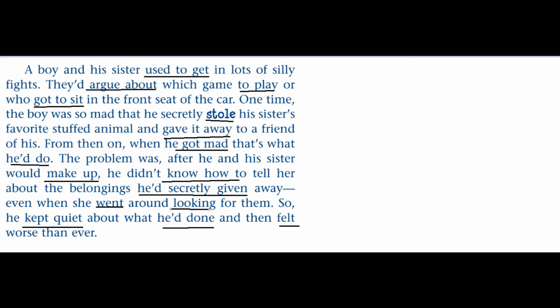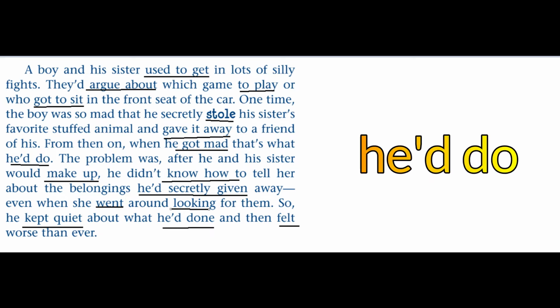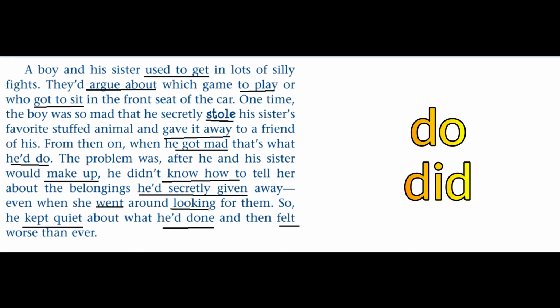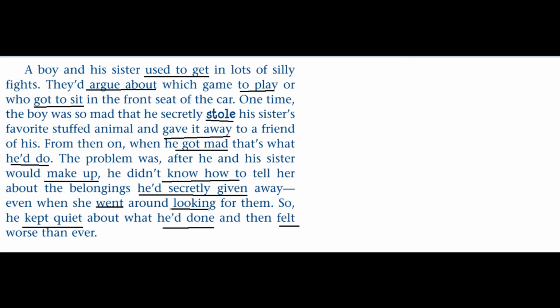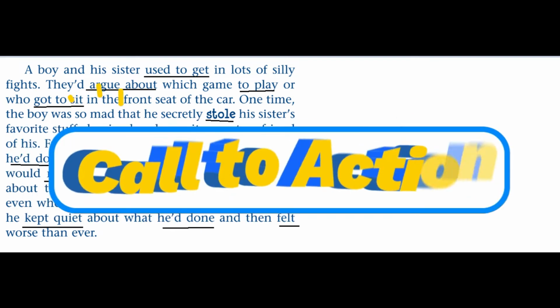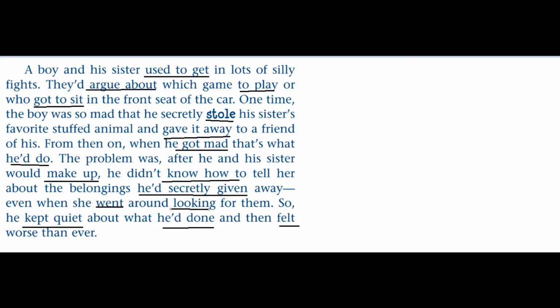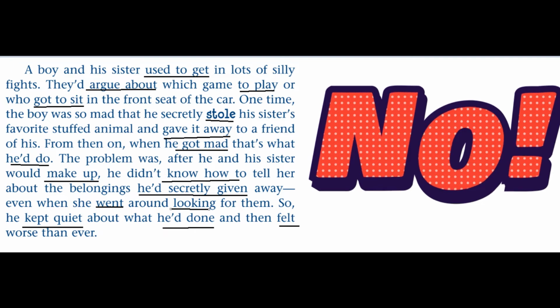And at the end of this sentence is he'd do. Do is the action, and past tense is did, right? The past tense of do is did. Now, please, please be very, very careful when using he or she or it with the word do.